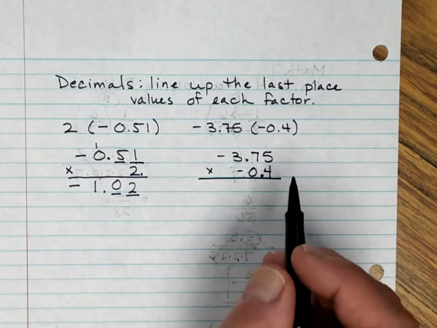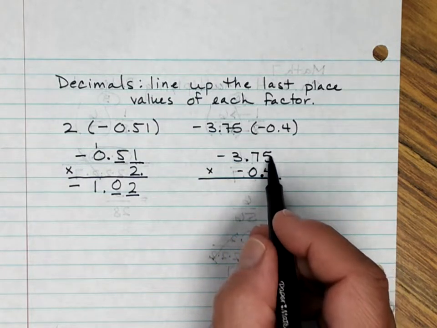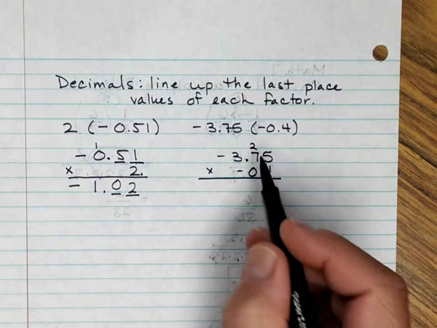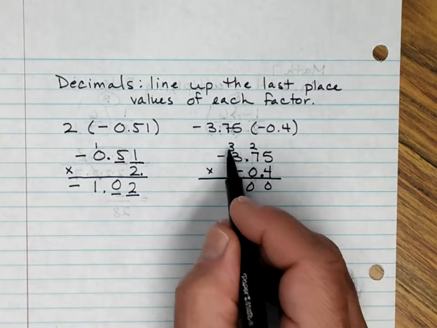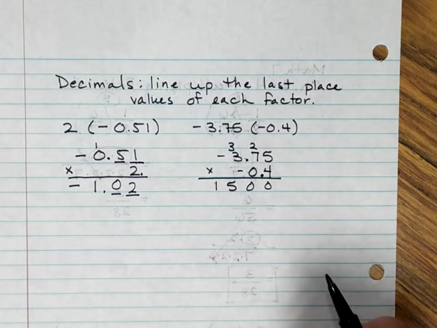And let's multiply. Disregard the decimals for a minute. 5 times 4 is 20. 7 times 4 is 28, plus 2 is 30. 4 times 3 is 12, plus 3 is 15. So 1500.